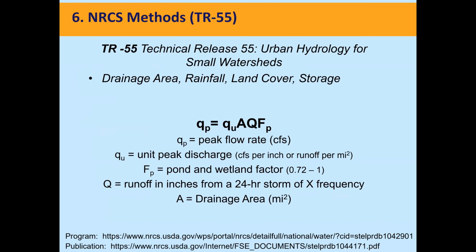All right, so that's all we got to say about the regression equations for now. And now just moving on to the last two methods. We're almost there. Hang in there. The NRCS has a method that is based on drainage area, rainfall, and land cover and storage.